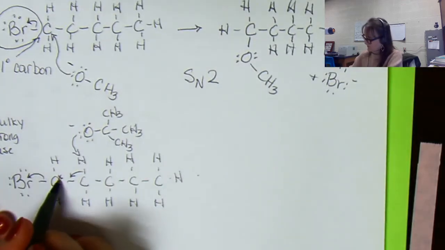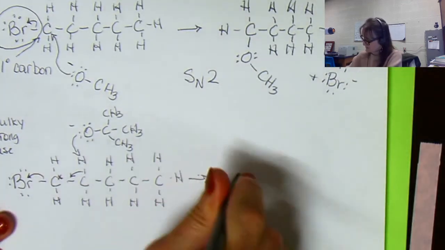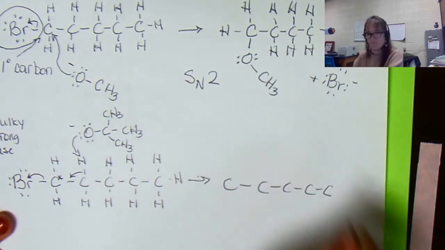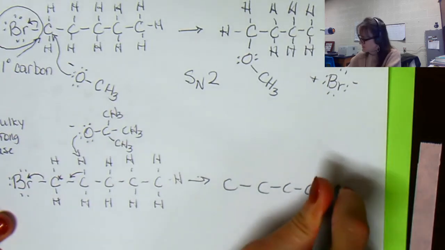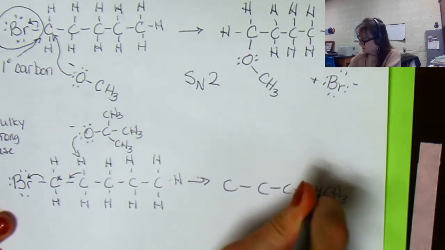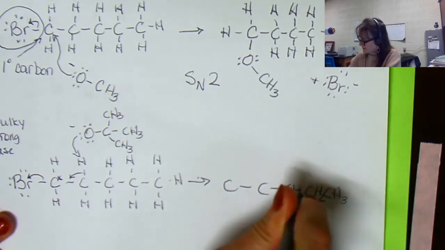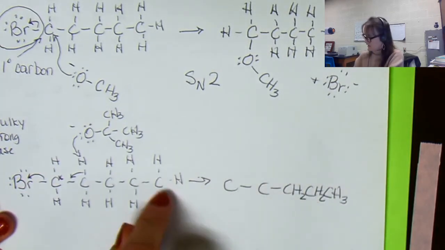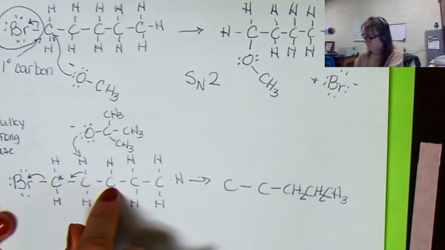So we have 5 carbons. All the ones that are not part of the carbon 1 and 2 situation stay the same. So CH3, CH2, and CH2.